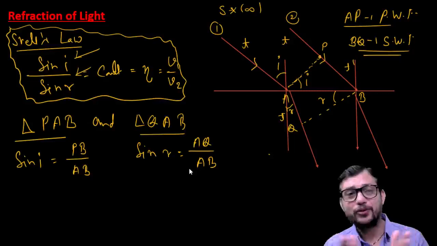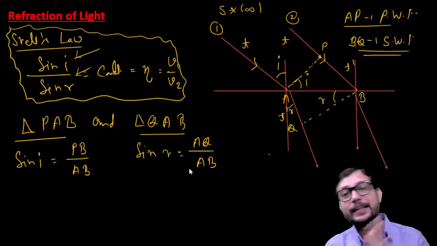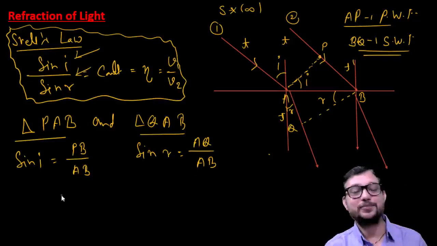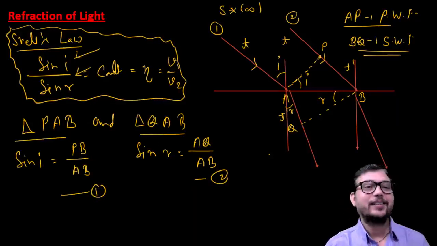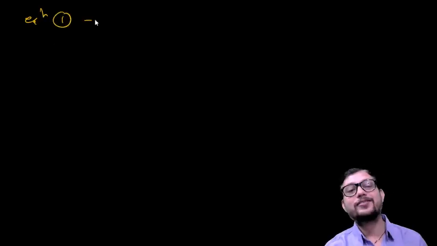And we have to find out the ratio of sine I and sine R. So let this be equation first and this be equation second. Now we have to divide equation first by second.